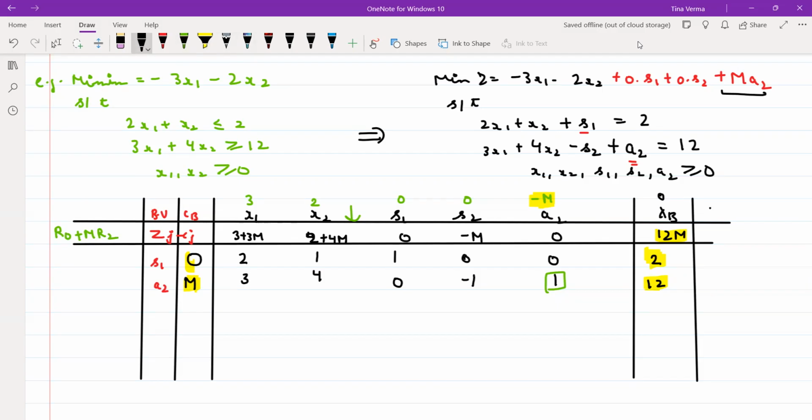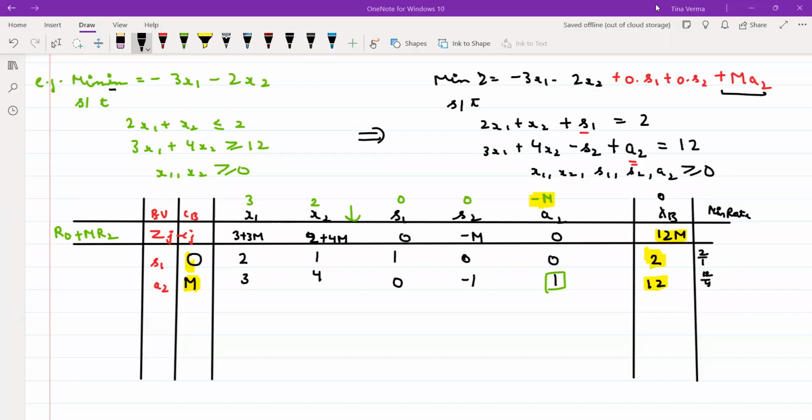Next task is to find your minimum ratio, that is you divide 2 with M and 12 by this. This is my entering variable. I have to decide 2 divided by 1.